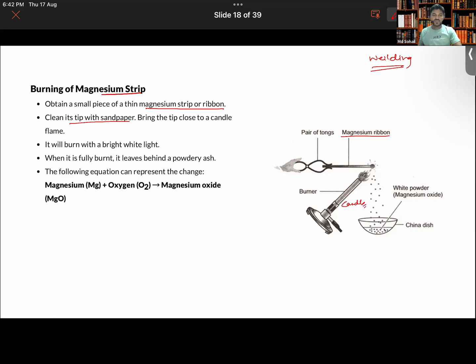As soon as you start heating this magnesium ribbon, it will burn with a very bright light. When it is fully burned, it leaves behind a powdery ash. That ash is nothing but magnesium oxide.